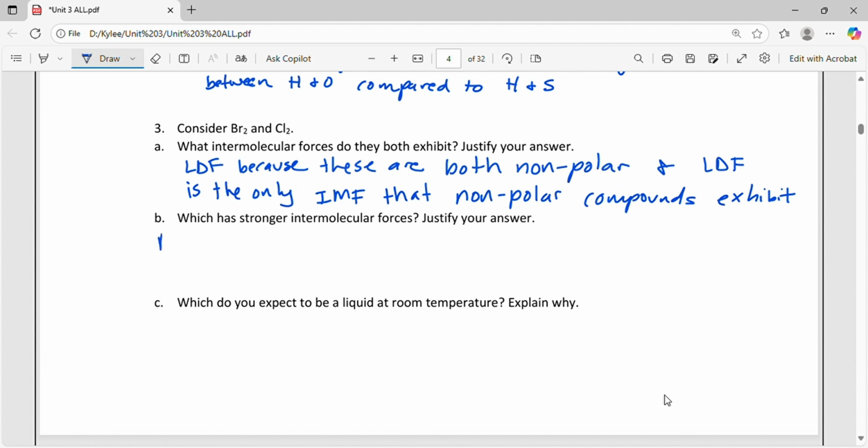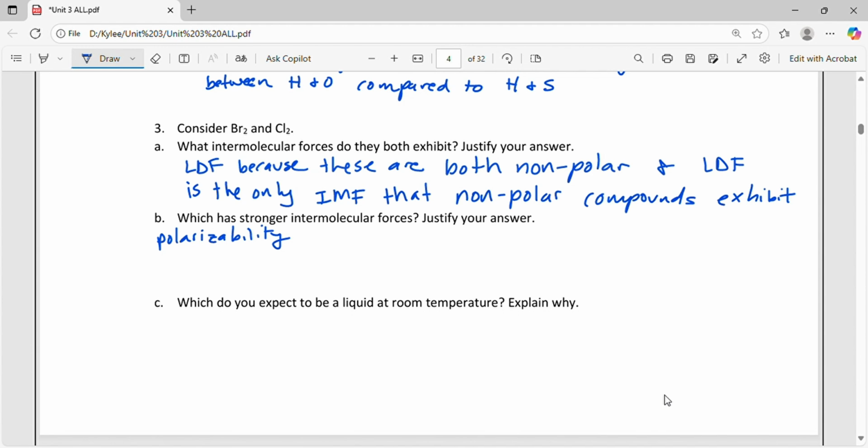So again, when we talk about LDFs and their strength, we're talking about polarizability. Which one is stronger is going to be about shape and the number of electrons. Well, both of these are going to take a linear shape because they're just one bond connected to each other. So, the shortest distance between 2 points is a straight line.